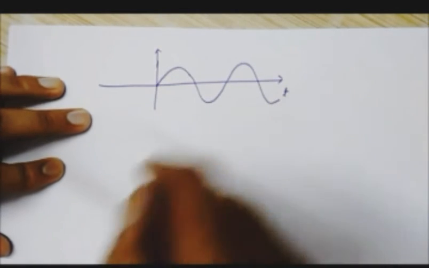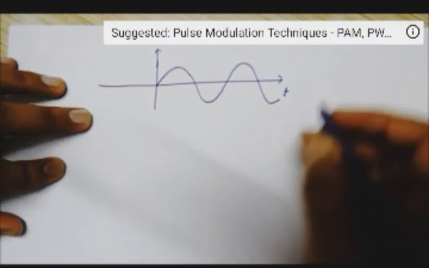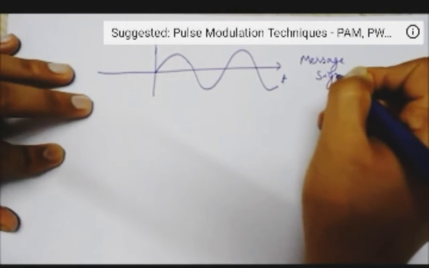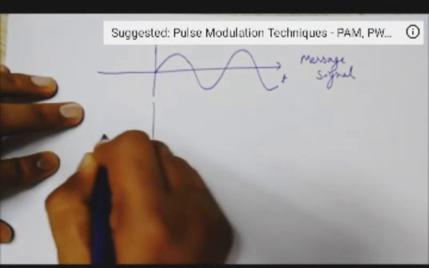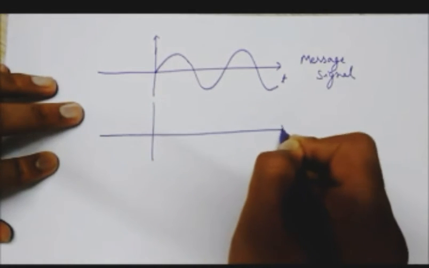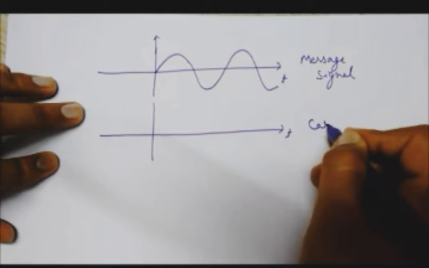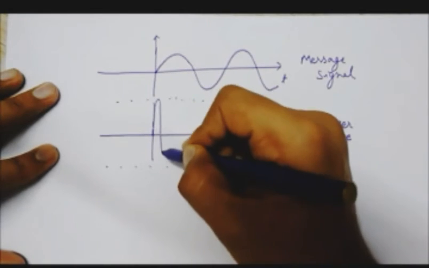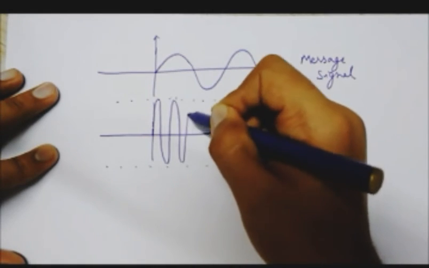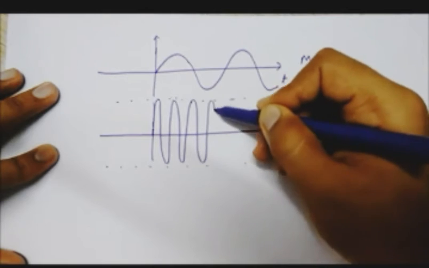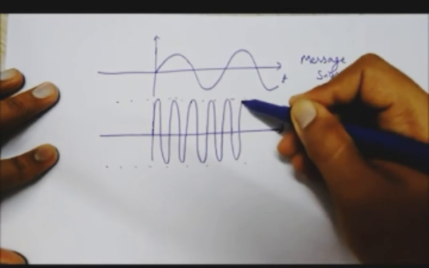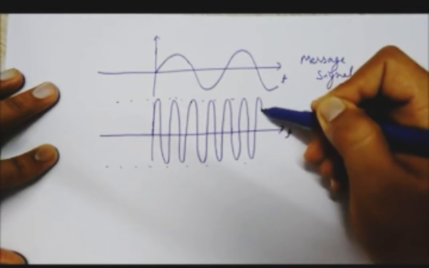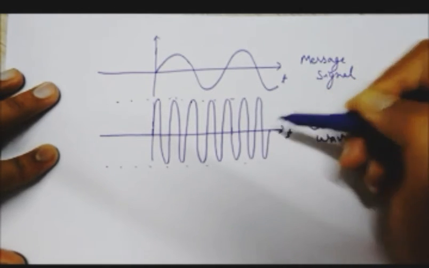This is the message signal, and this is the carrier wave, having constant amplitude and constant high frequency.